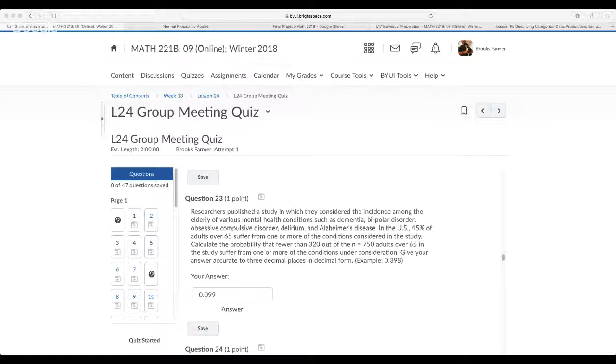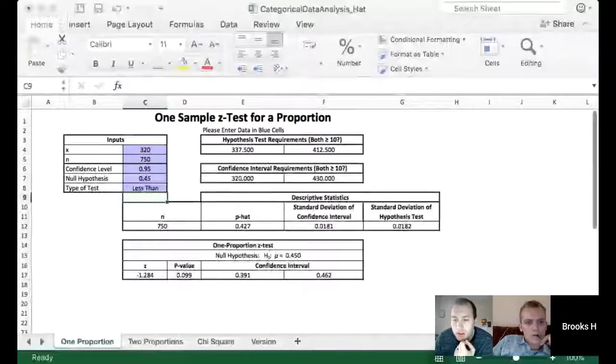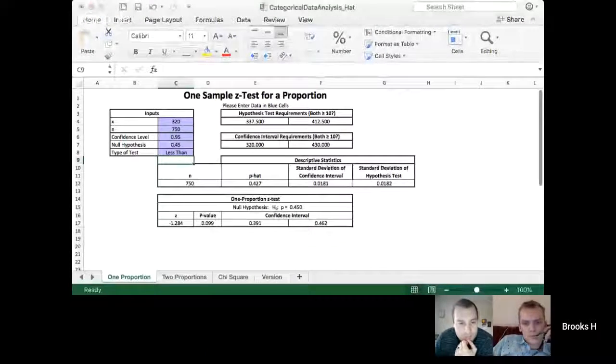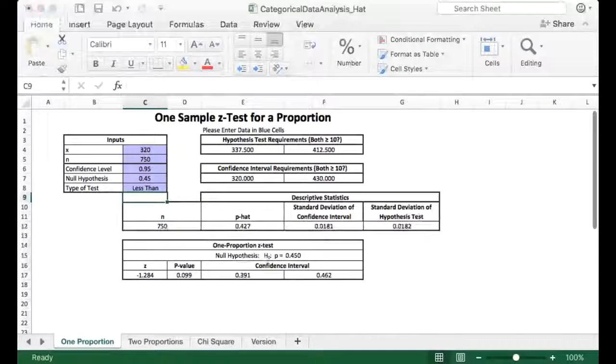All right, let me share my screen. Just take a look real quick and let me know if you think that looks correct. Okay, so your z-score on here is negative 0.1284, but the z-score on the question is 1.334.